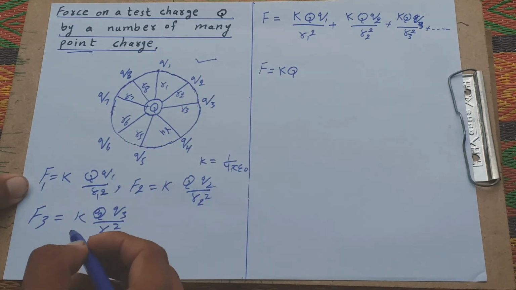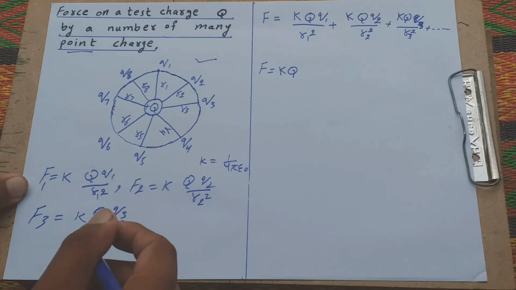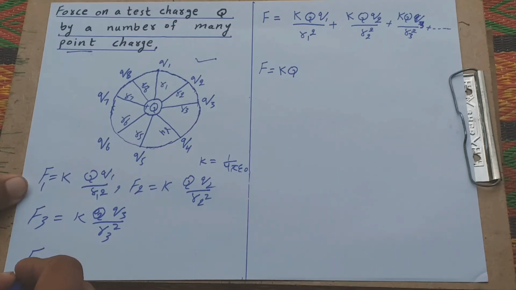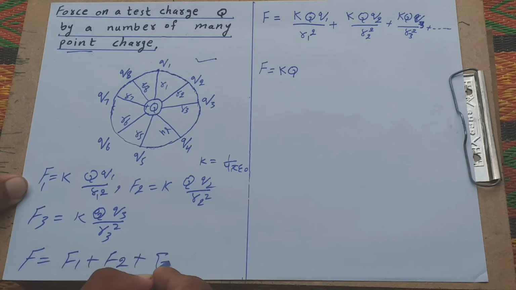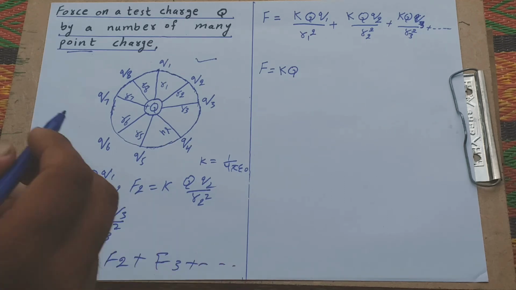Then we add these forces in this way. For example, F is equal to F1 plus F2 plus F3 and so on.